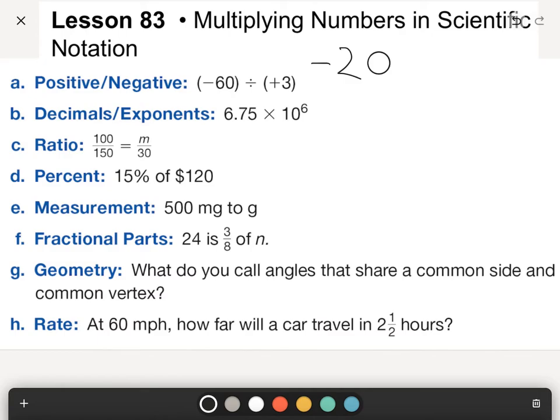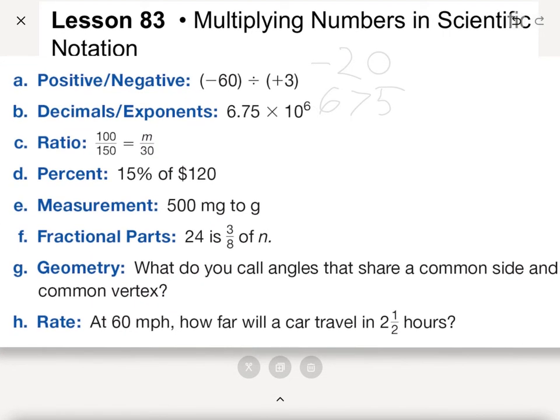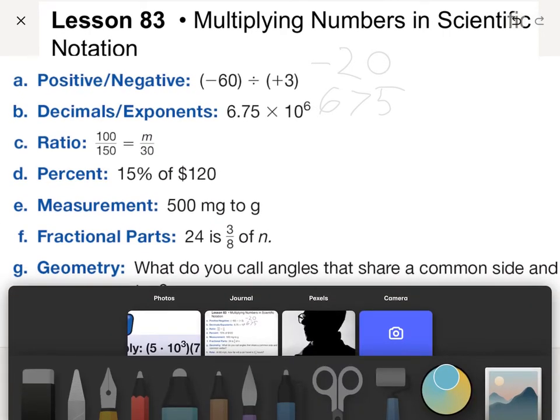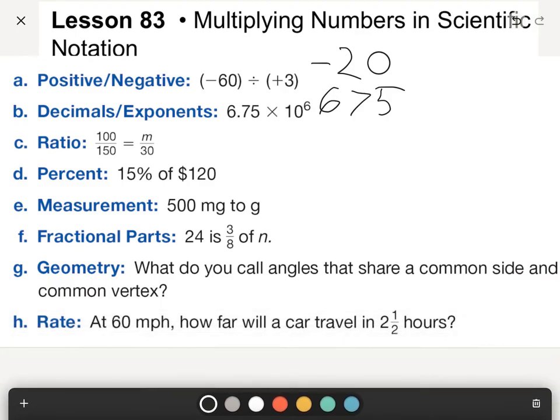Then, for this, it looks very scientific notation-y, which is what our lesson is about today. And so we would take our decimal and go 1, 2, 3, 4, 5, 6.